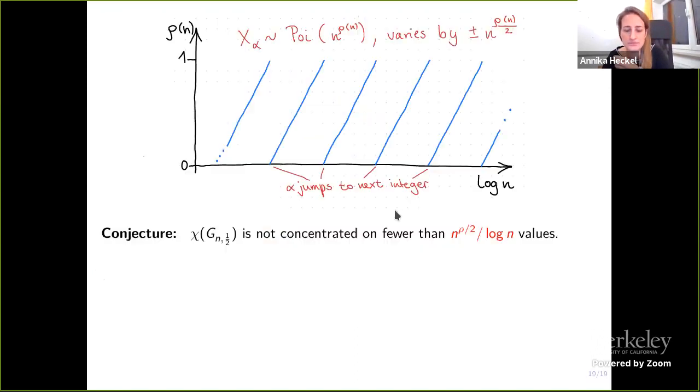Okay, so if you think back to the picture that I showed you of the standard deviation of the number of alpha sets, our conjecture is that the chromatic number is not concentrated on fewer than, well, roughly this many values. You might have noticed I snuck a log factor in here. This is perhaps not completely obvious.